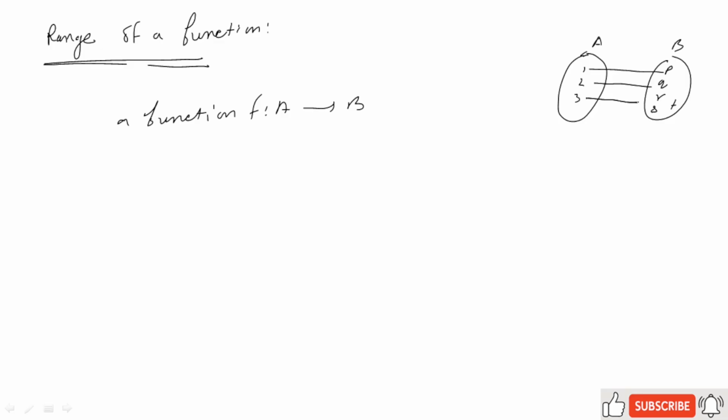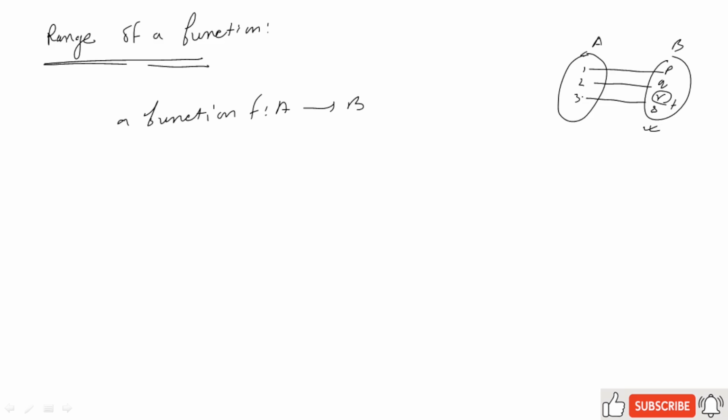That means in set A there is not a single element remaining which has no f image in set B, but in set B some elements may remain which have no pre-image. That means this is a relation.